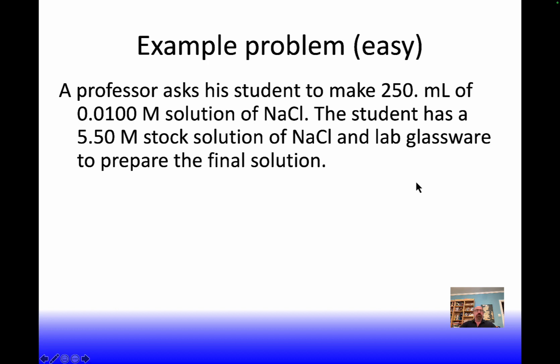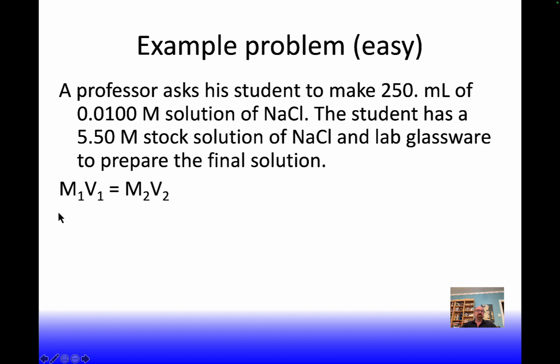So what do we do? First, let's figure out what is M1 and V1 and what is M2 and V2. We're trying to make 250 mL of a 0.01 molar solution. Those are the final conditions. So the 0.01 molar is M2, 250 mL is V2. We are starting with a 5.5 molar solution of sodium chloride.